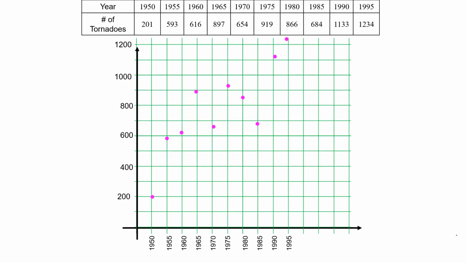Since x is our years, which is the explanatory variable taken on the x-axis, and the number of tornadoes on the y-axis, we can plot those points, say for 1950, 201, 1955, 593, and 1960 as x and y is 616. We can plot the graph, and that graph is called the scatter plot by freehand method.